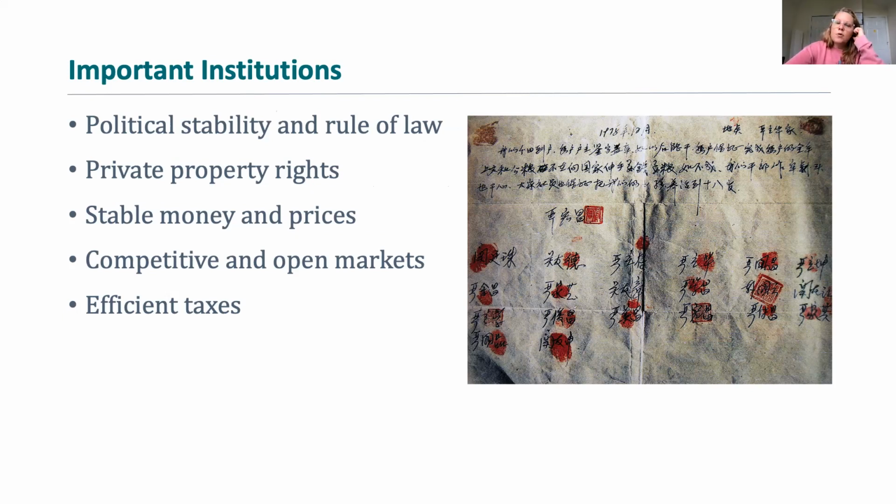So some of the most important institutions that really shape an economy and our ability to grow are first our political stability and the presence of the rule of law, the presence of private property rights, and not only the presence of them, but the monitoring and enforcement of private property rights, having a stable monetary currency and stable prices over time, allowing markets to be open and relatively competitive, and having an efficient tax system.